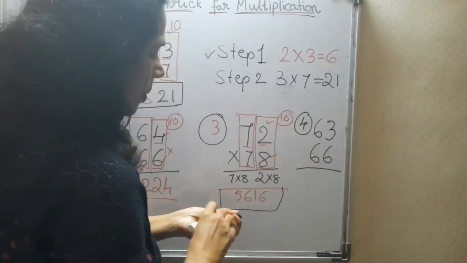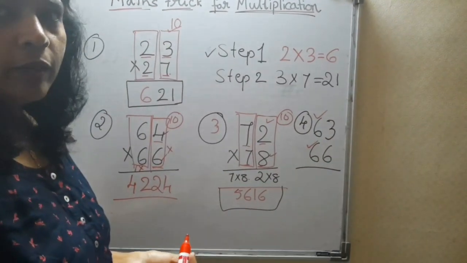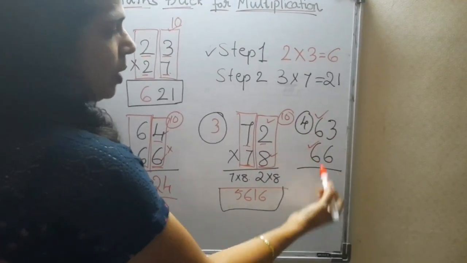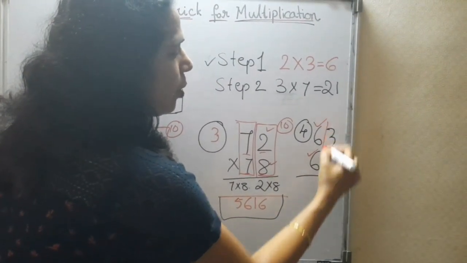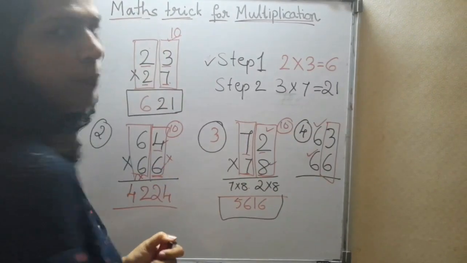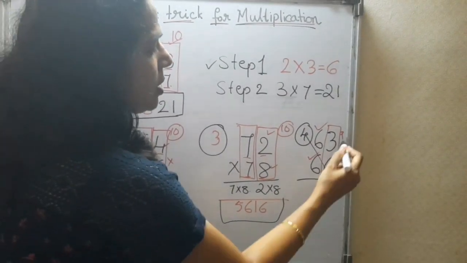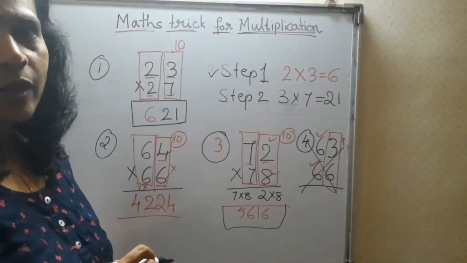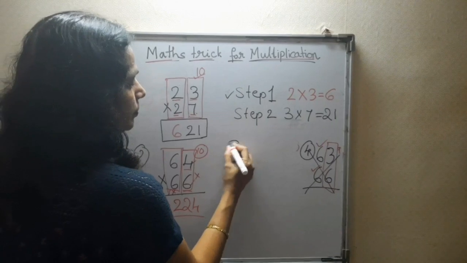These both numbers have 6 common, the tens place numbers are common. But when you go to the units place, 6 plus 3 becomes 9. So here I cannot use this trick. Okay, children. Let us take another example.